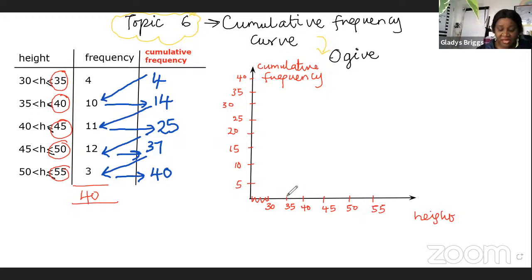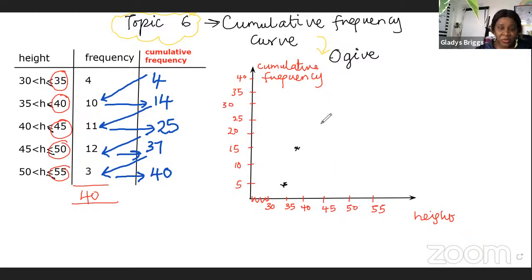35 and 4. So maybe somewhere under 5 here. Okay, 40 and 14. So 14 is right under 15 there. Find it on your graph. You've done graphs lots of times. I'm not going to be teaching you how to plot your graph from your table. 45 and 25.